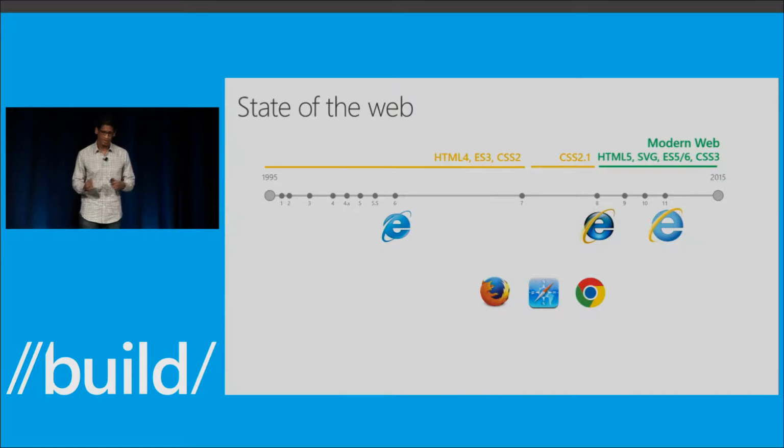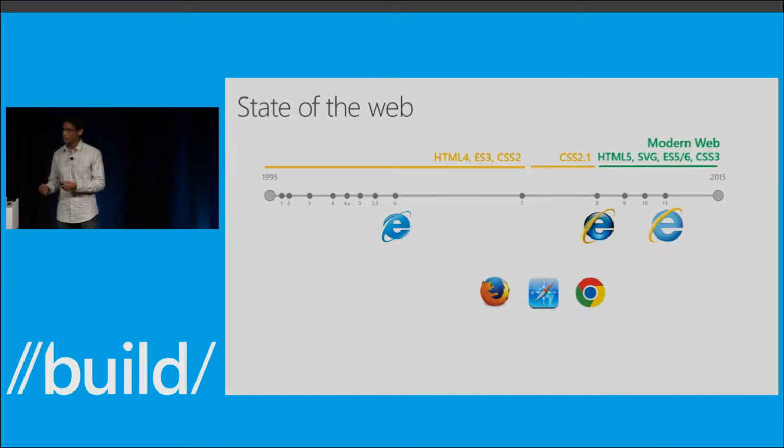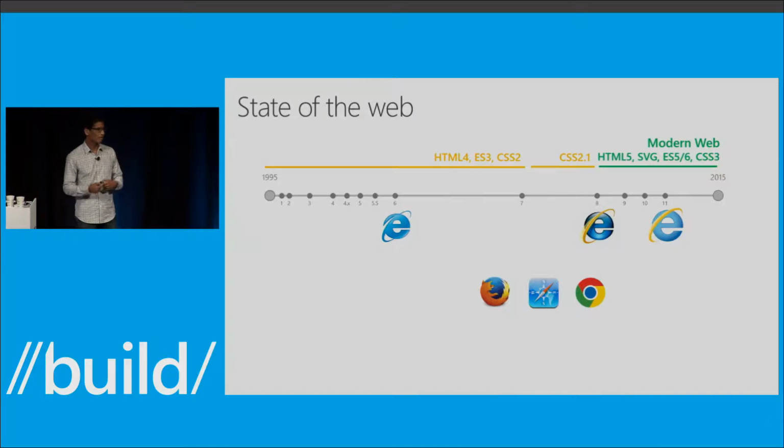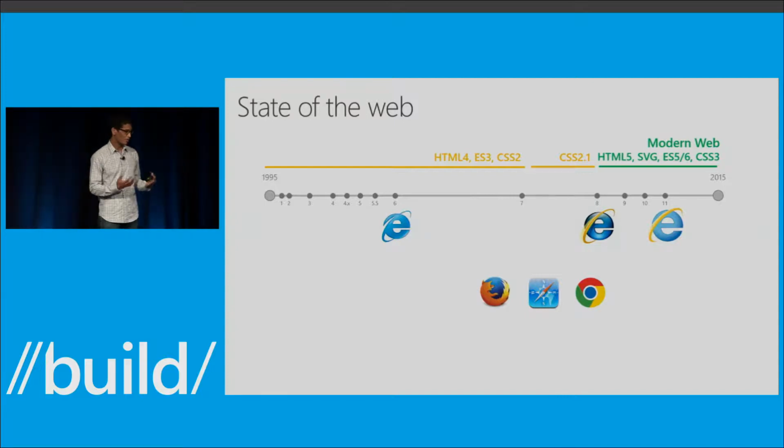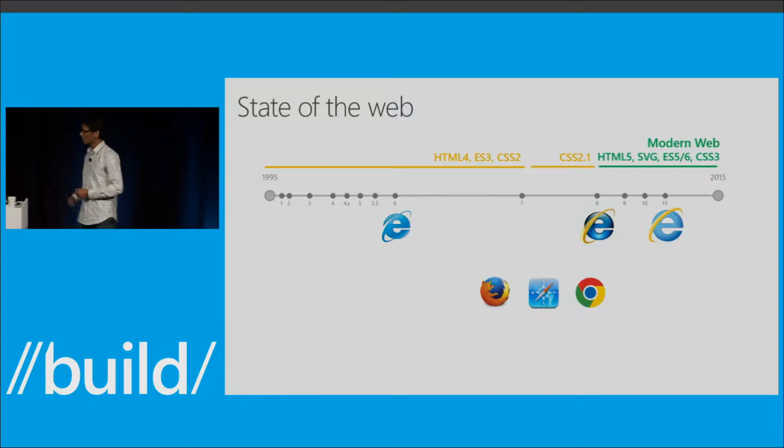And so what we started hearing from developers especially was, hey, we've seen this story before. We really need Microsoft to be competitive and make sure that the web continues to thrive on the basis of having multiple independent implementations, this balance that's driving the web forward. So that was the second thing.